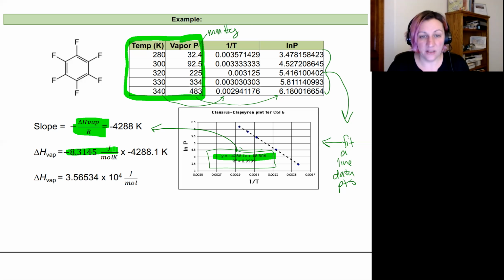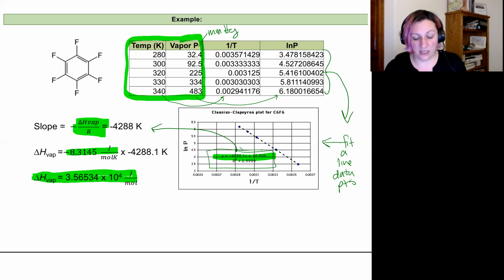So that value is this number right here. This enthalpy of vaporization is 3.565 times 10 to the fourth joules per mole. And that's how we could find this experimentally from that slope.